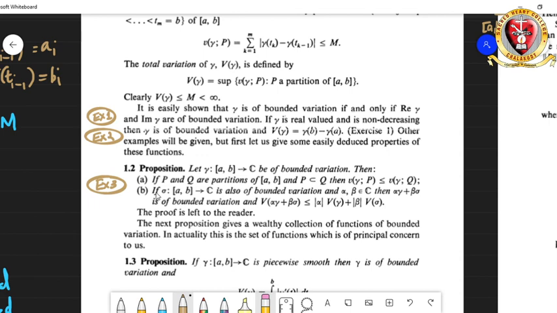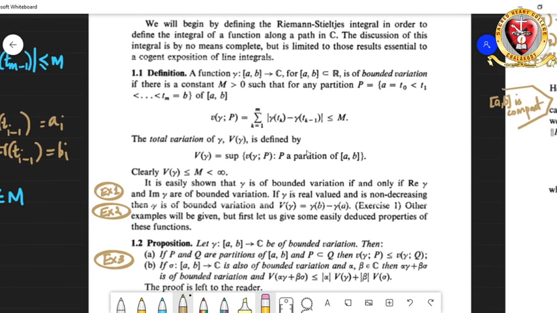And then the proposition 1.2, note that as earlier said, all of these can be found out by using the sum which is associated with bounded variation and logical steps from that.